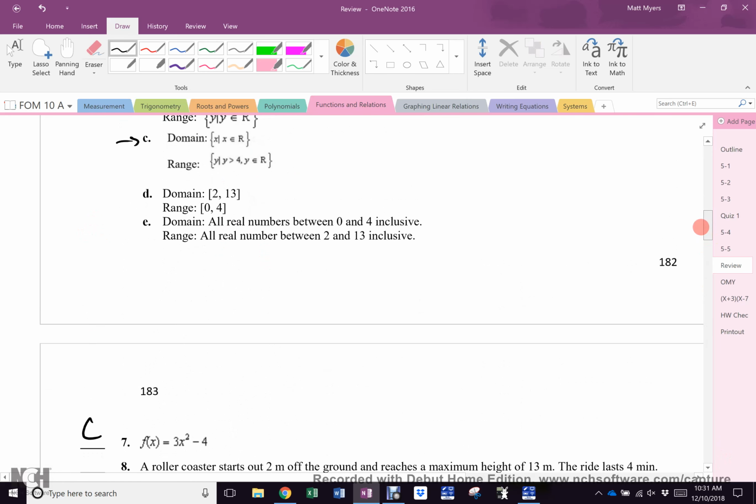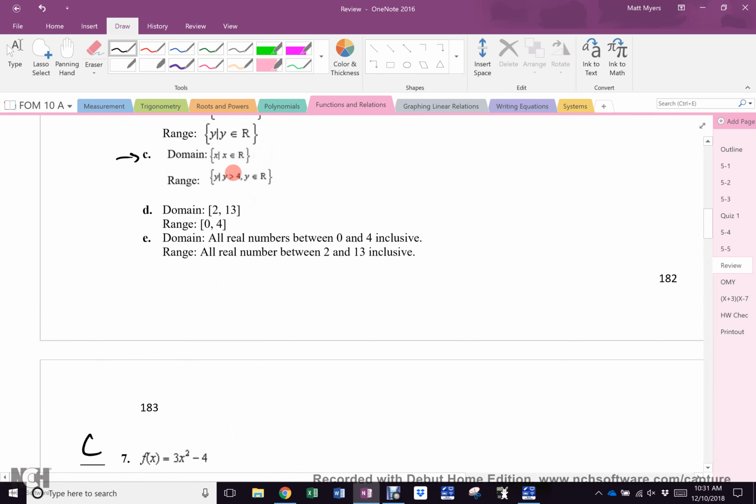Oh, does it say 4? Oh, that's where the mistake is. Yeah, there should be a negative there. Damn it. That bothers me. Proofread your work. Oh, good. That's fine. It's a mistake. It's a typo.